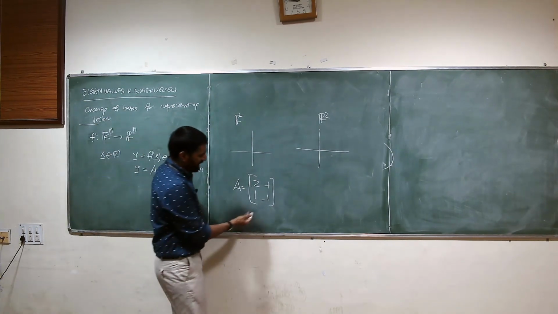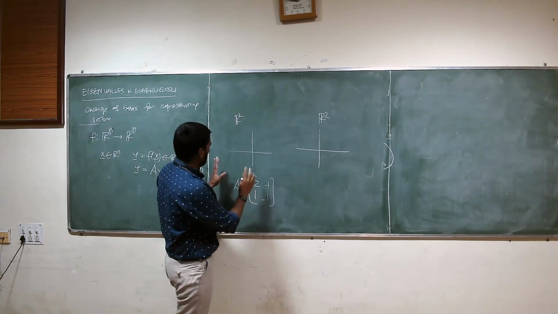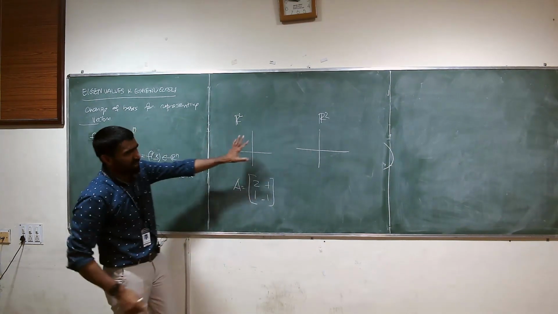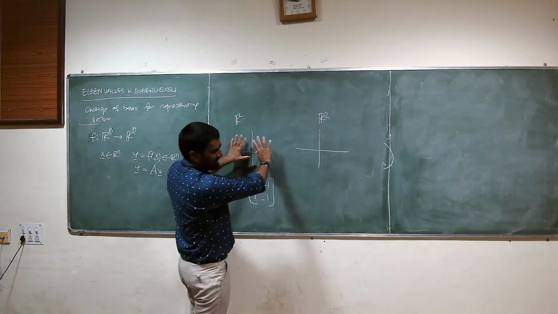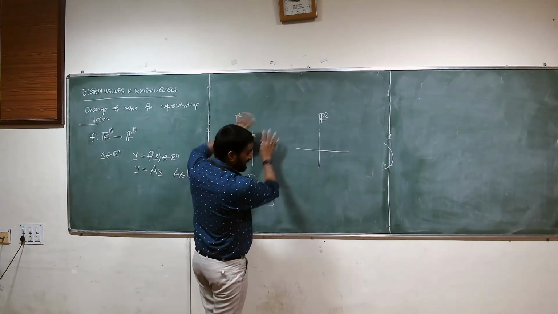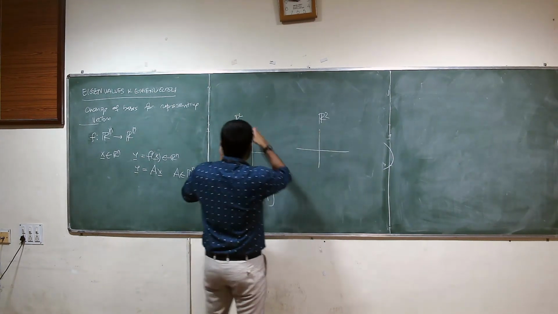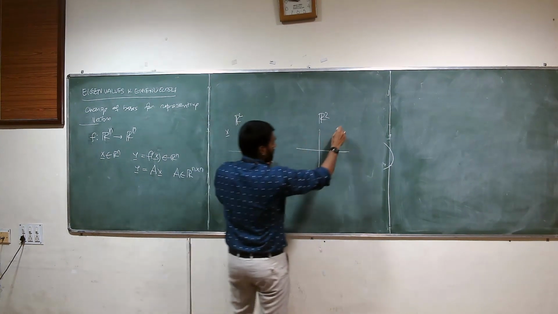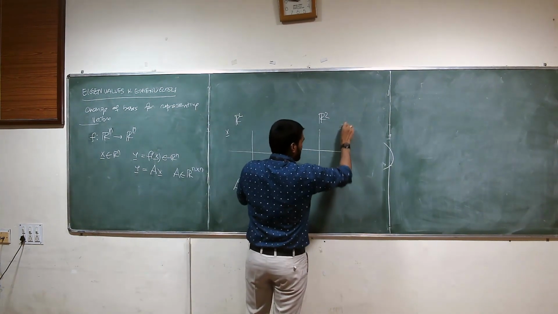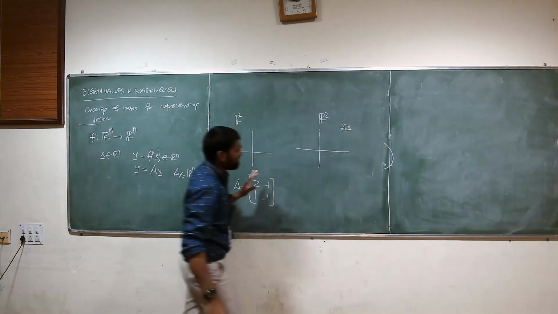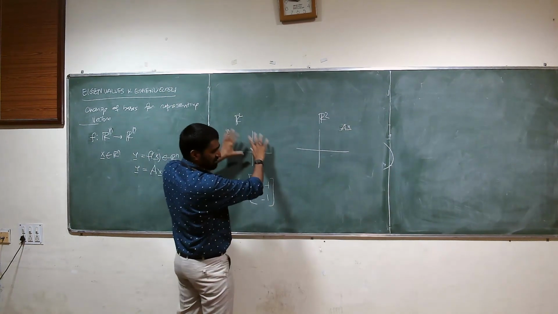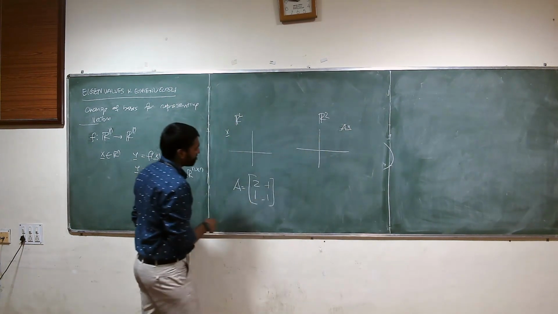If A represents a mapping from R2 to R2, that means it's taking a bunch of points here and transforming them in some way to produce points here. This is my output space. My x belongs here and y belongs there. You're doing some sort of transformation of points here and taking them there.